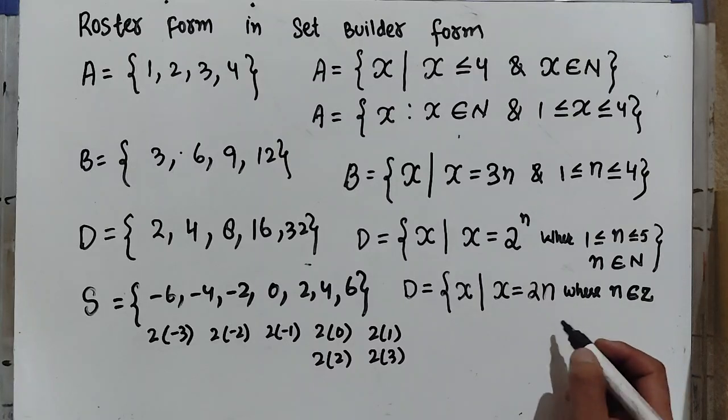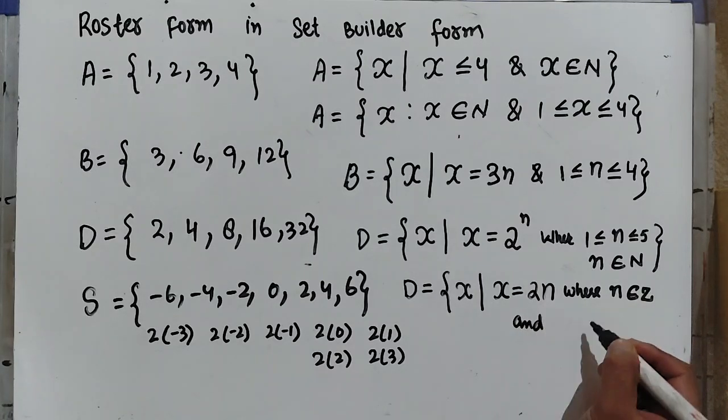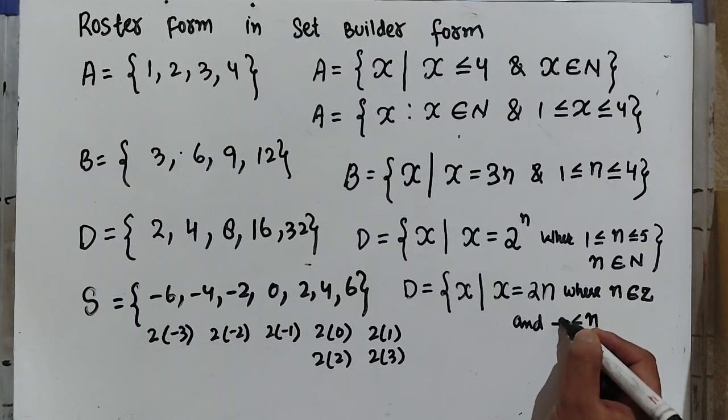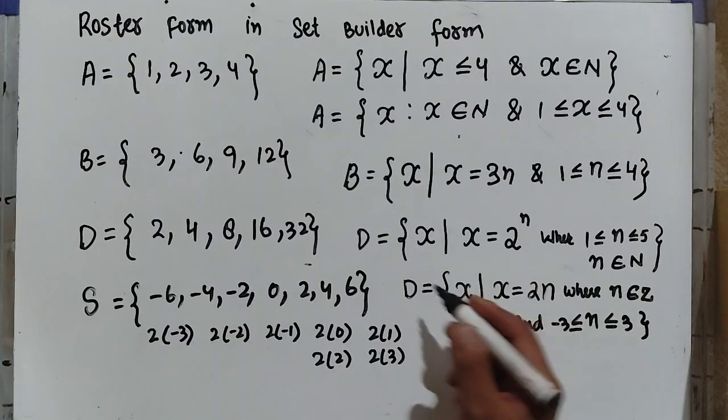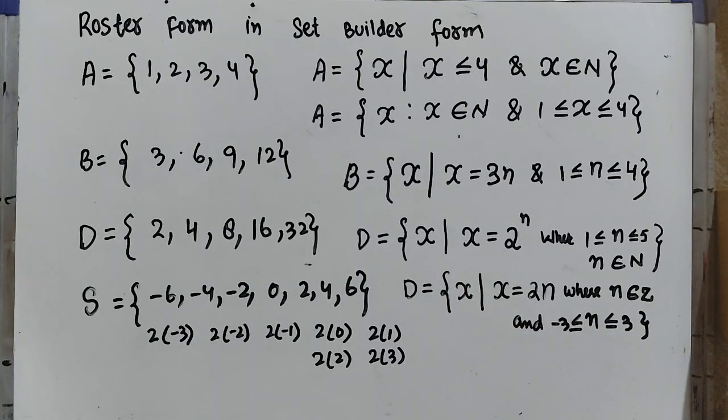And what is another condition? That is, n lies between -3 and +3. Okay, so these were the examples of how we convert roster form into set builder form.